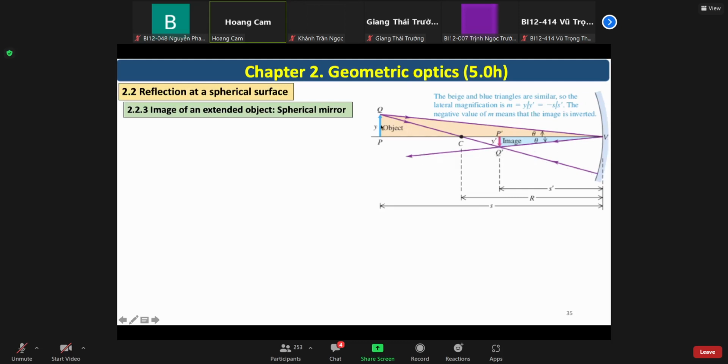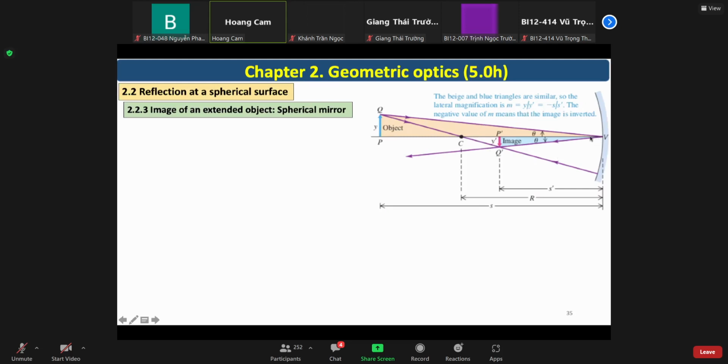And then you see here in this case, for example, the image has a different direction, right, compared with the object. So we call the image here inverted. And in this case, Y prime is negative. Yes, they have some mistake in the text here. It should be M equals Y prime divided by Y instead of Y divided by Y prime here.